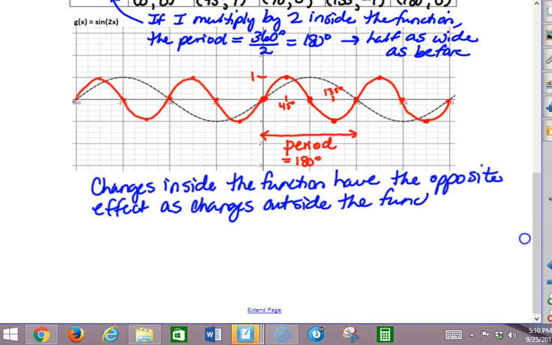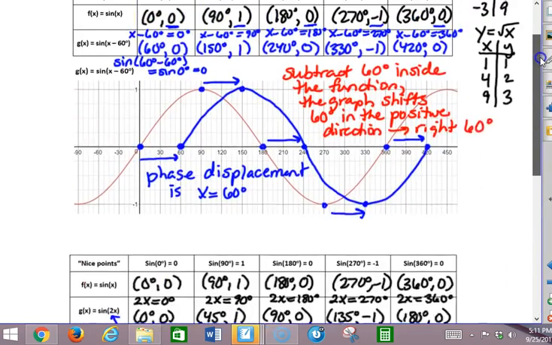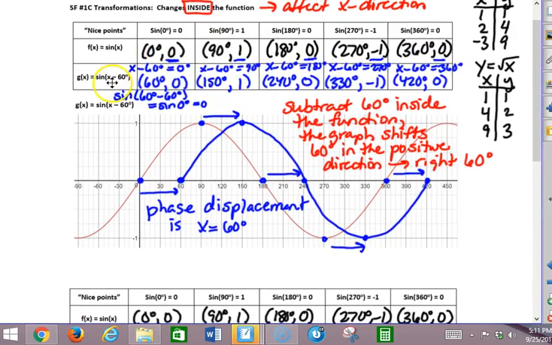If we had a change outside the function where we added a number, it would make the graph go up in the positive direction. Here, where we subtracted inside the function, we went to the right in the positive direction.